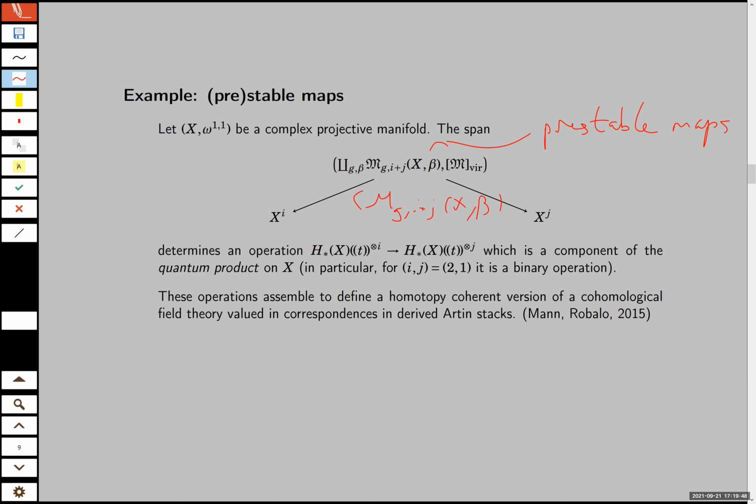But the reason to put pre-stable maps instead of stable maps is that we have these pasting identities, which is that M_{g, I+J} times over X times over X^j, with these being the frak M's, is a boundary component of the space of glued curves.